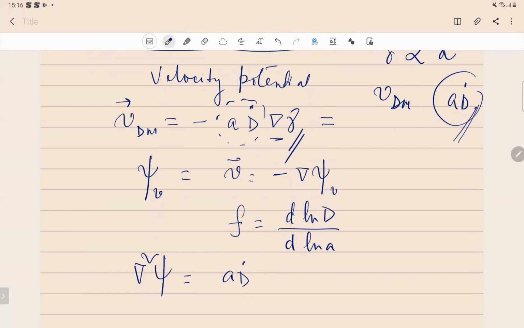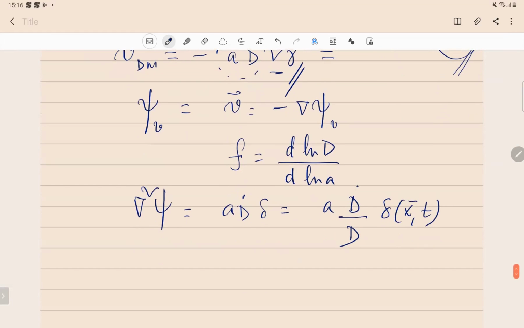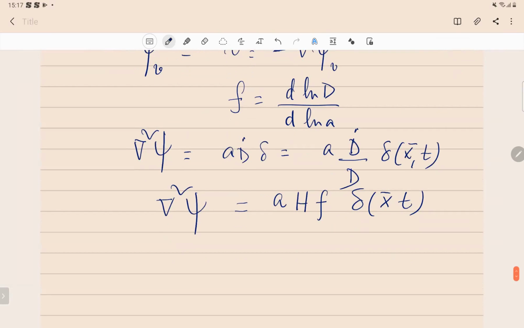I'm just going to make the conversion: you divide by D, write it as delta, which is now X and T, the full delta, and then convert to log. So this is going to be A, take an H, F, and then delta of x, t. So this is the standard form. Basically, we have a Poisson equation.